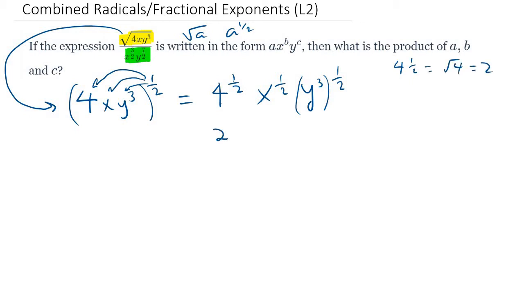And then the x is going to stay as x to 1/2. And then this 1/2 is going to apply to the 3 there. So 1/2 times 3 over 1 is 3 over 2. So y to 3 over 2.